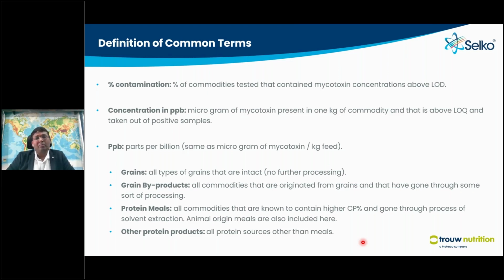So in byproducts there is mainly a lot of fiber, and you see more mycotoxins, whereas starch-rich commodities will have less mycotoxin. So that's why this classification is very important. Otherwise, the numbers may not make a lot of sense.